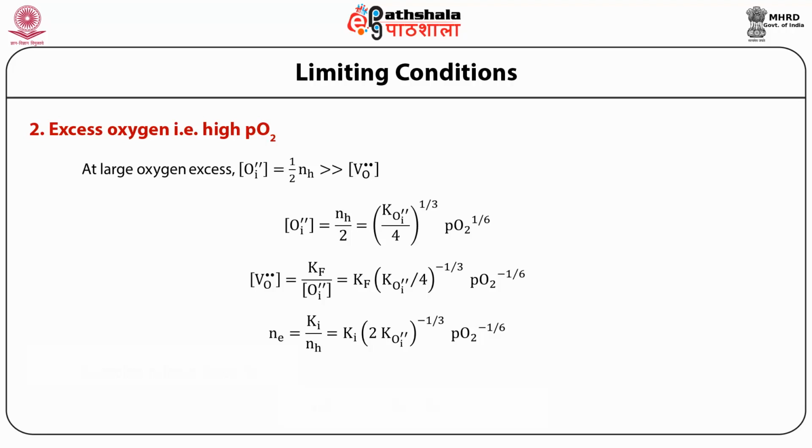Now combining the equations, we get Ne is equal to Ki into twice of KOI double prime to power minus 1 by 3 PO2 to power minus 1 by 6. So combining all the above equations, we get the condition that PO2 should be greater than 16 Kf cube to power KOI double prime square.